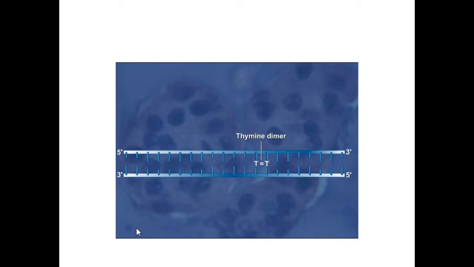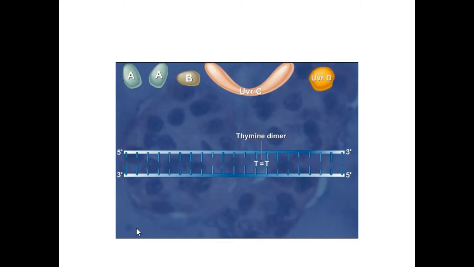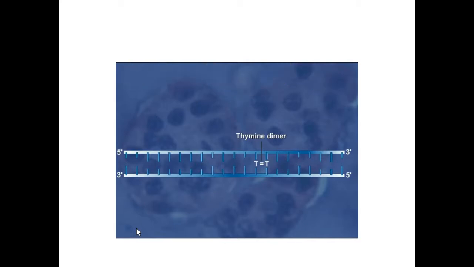The nucleotide excision repair process uses a set of proteins called UvrA, UvrB, UvrC, and UvrD. Uvr stands for ultraviolet light repair of pyrimidine dimers. But remember that this system is also used to repair other types of DNA damage. In addition, DNA polymerase and DNA ligase are used to complete the repair.